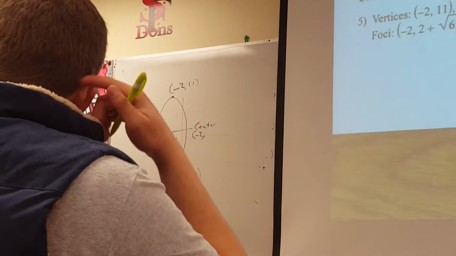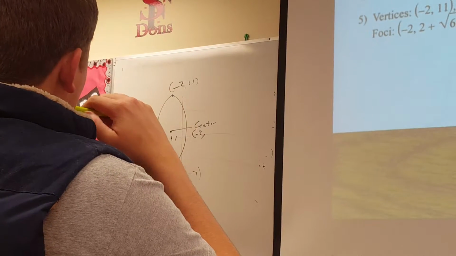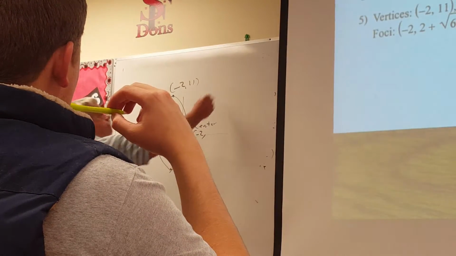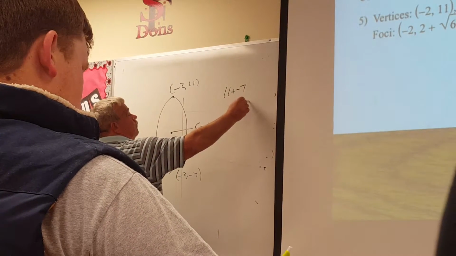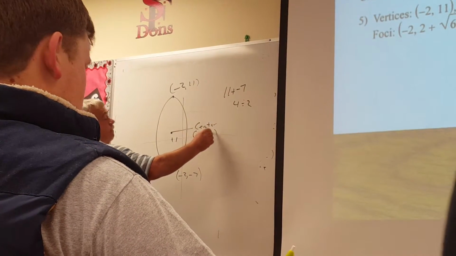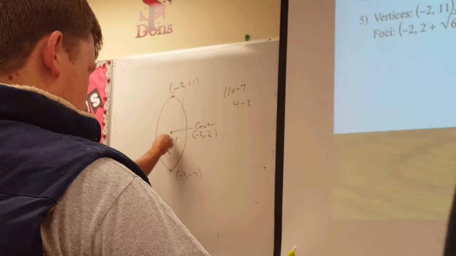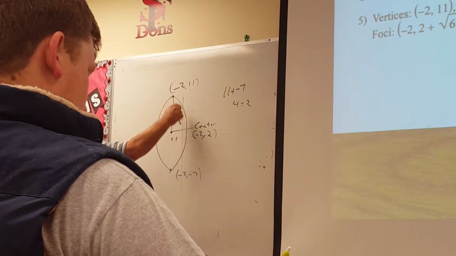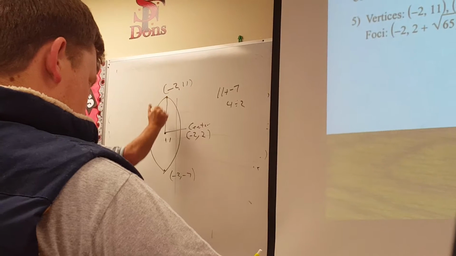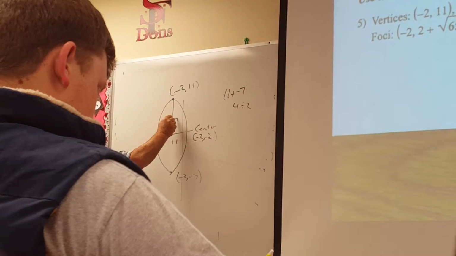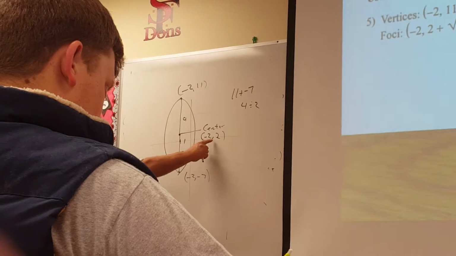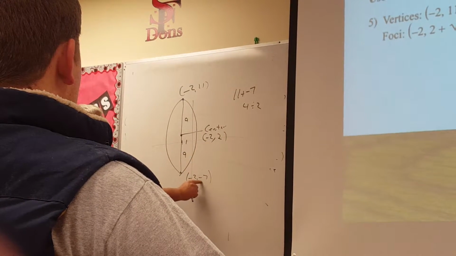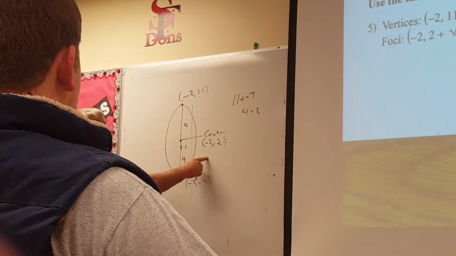So you add the 2 and divide by 2. So where's the center? -2, 2. So then, how many did I go up to get to -2, 11? 9. And then I have to go down 9, right? From -2, 2, I go up 9 and down 9.